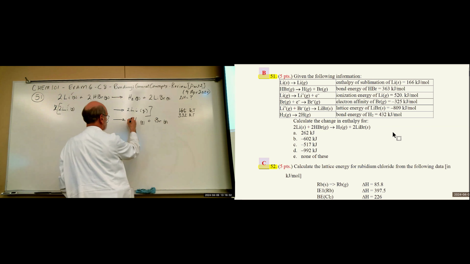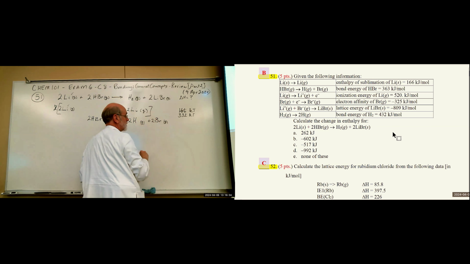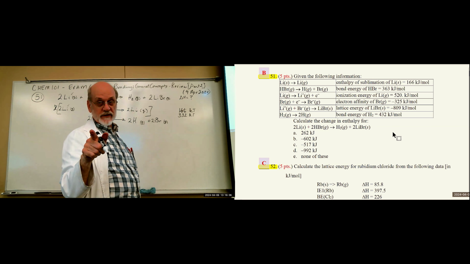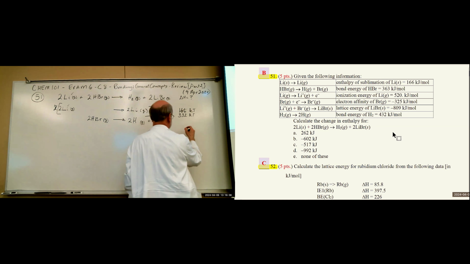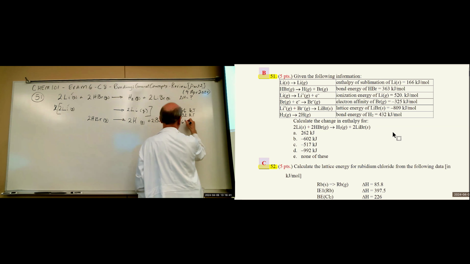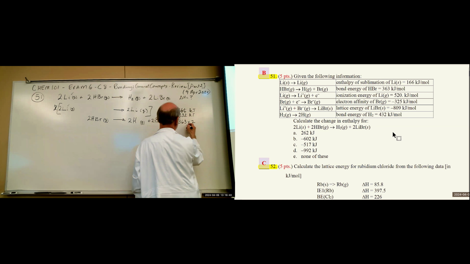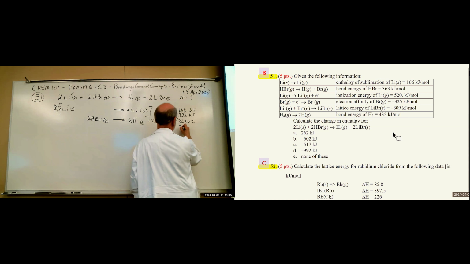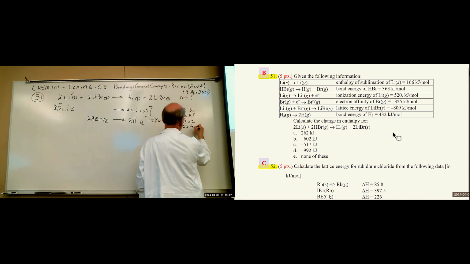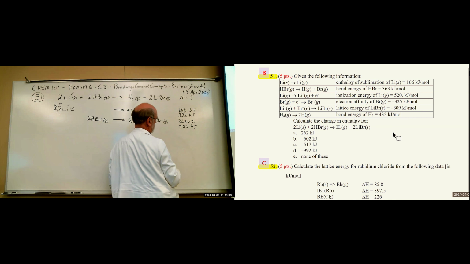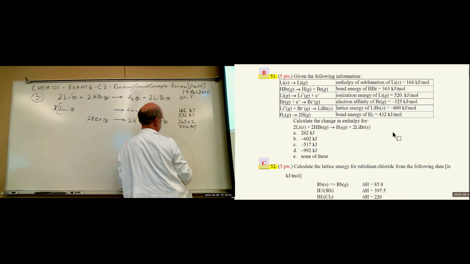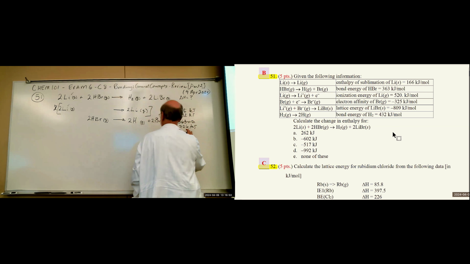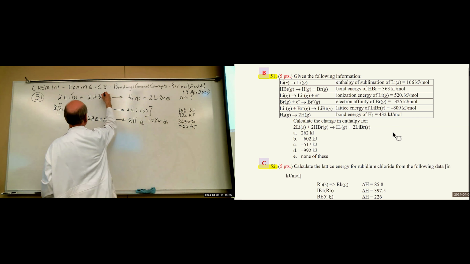Right? 2, 2, and 2. So we need to double that value, 363 times 2, which is 726 kilojoules. Okay, so we got that one taken care of.